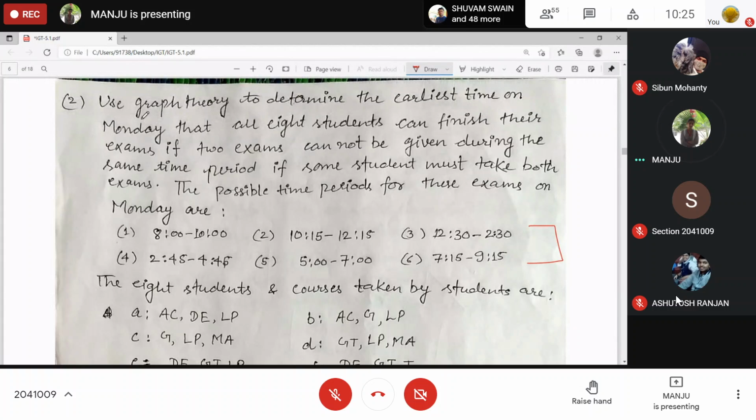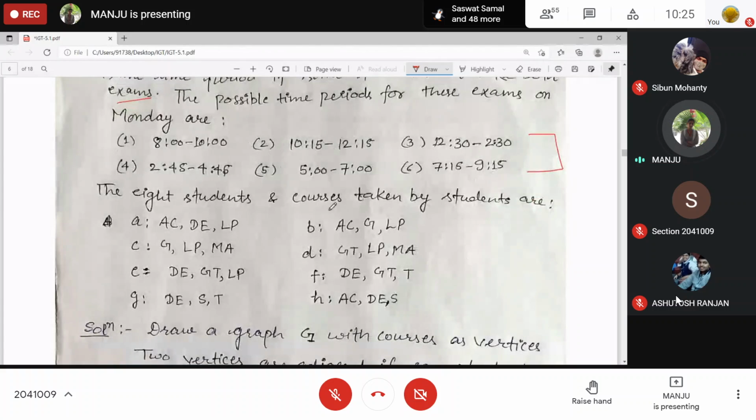Use graph theory to determine the earliest time on some day. The time given is for this Monday, that all 8 students can finish their exam if 2 exams cannot be given during the same time if some student is taking both exams. Obviously one cannot appear if they are held at the same time, right? So the possible time periods are given as this.